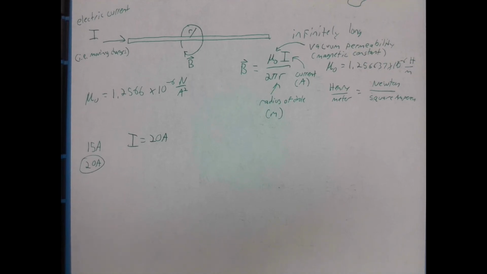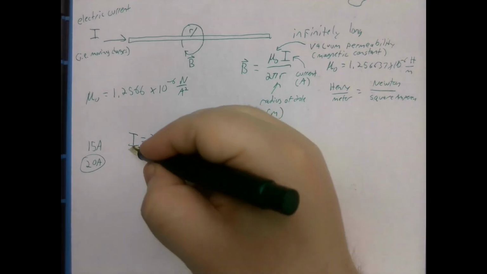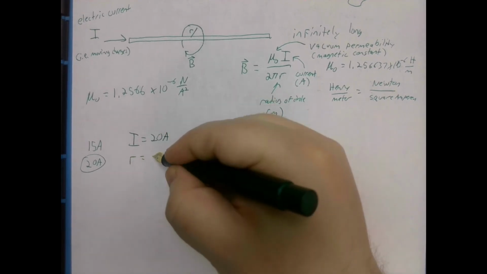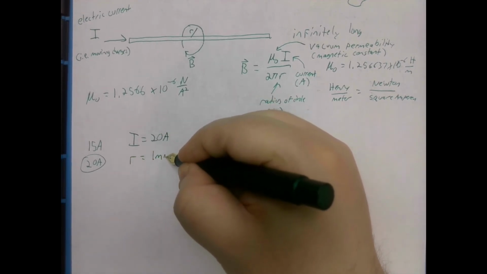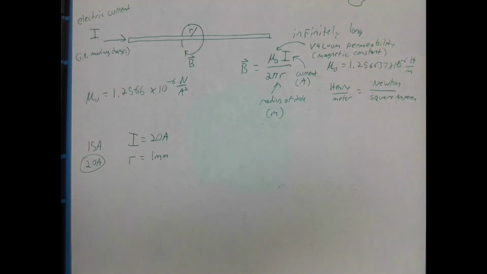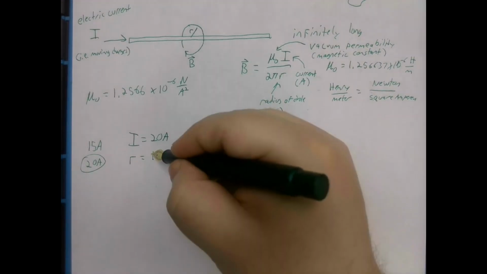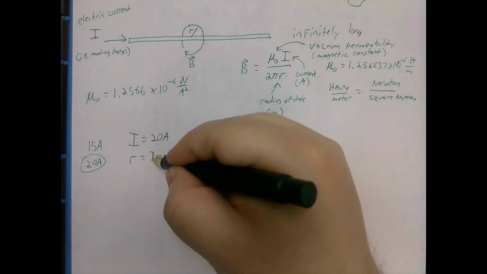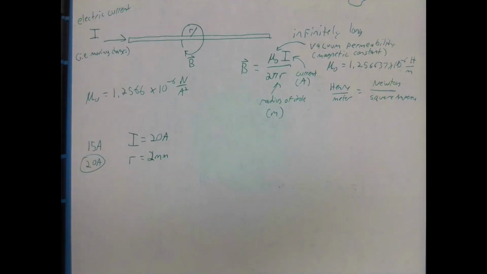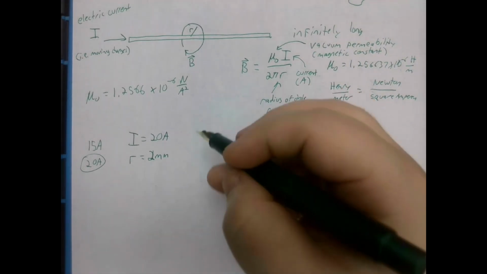Let's get right up on top of it. Let's assume our radius away from it is 1 millimeter, that's like right touching it. Let's make it 2 millimeters, or 1 millimeter, what do you think? 2. Okay, it's some thick wire.